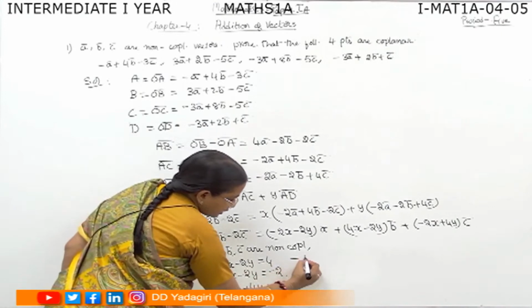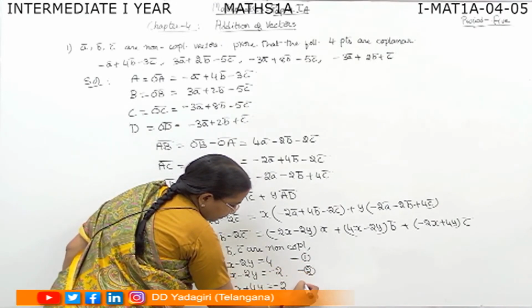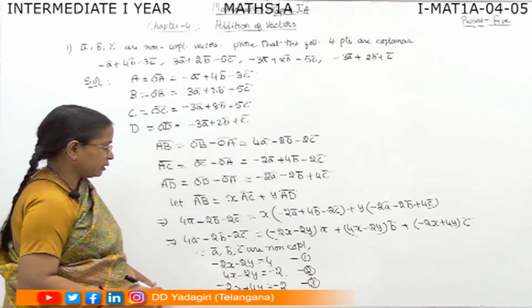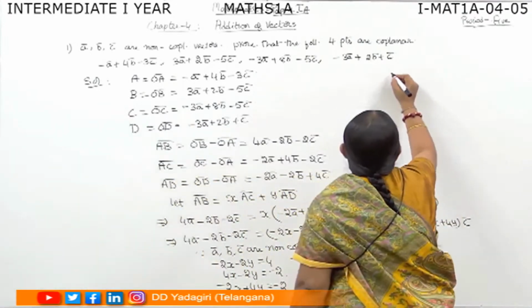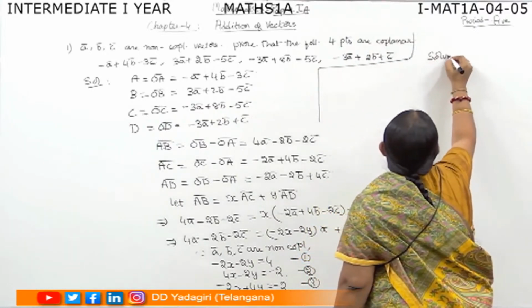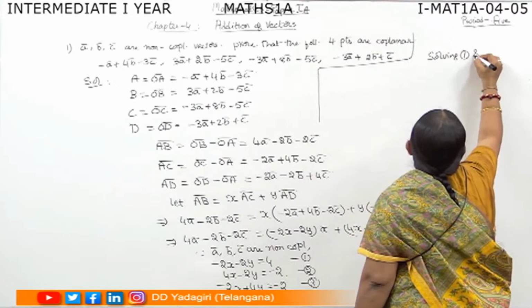Now number these as 1, 2 and 3. Now take any 2 equations and solve. We'll take 1 and 2. So solving only 2 equations you should take.